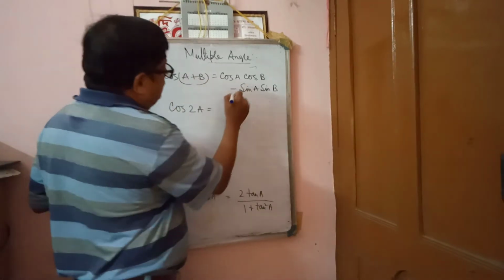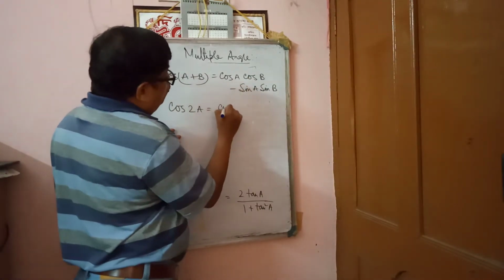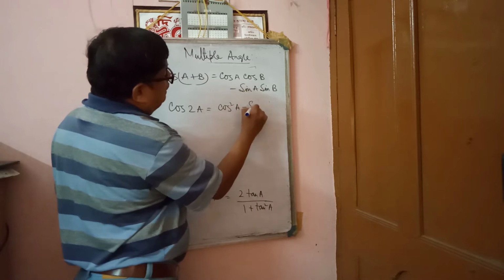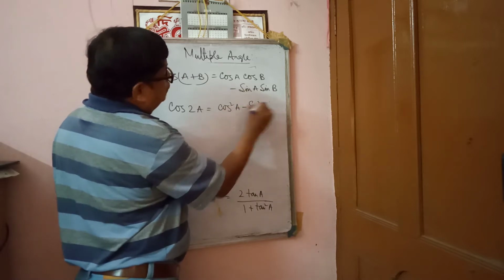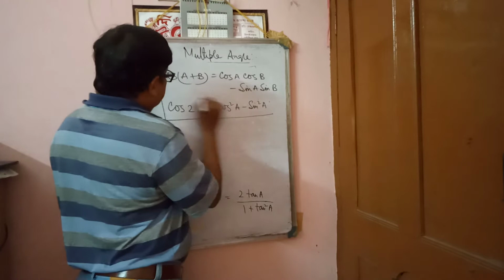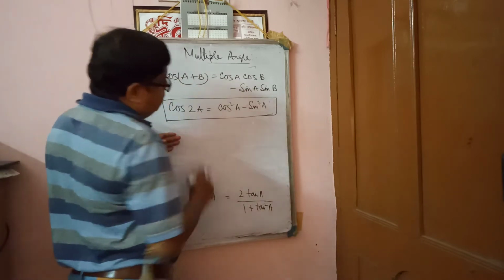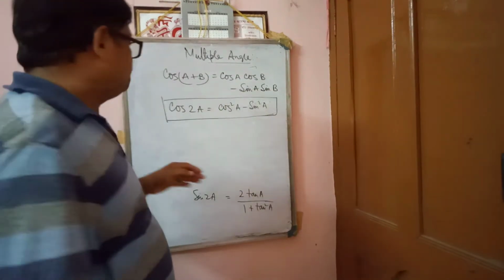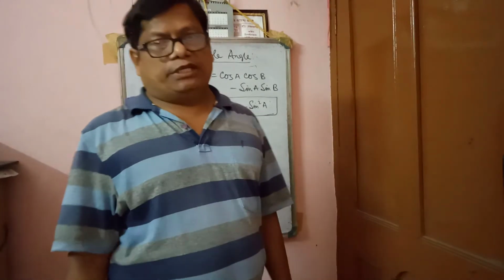So you can write cos A into cos A, cos square A minus sin square A. So cos 2A equals cos square A minus sin square A.